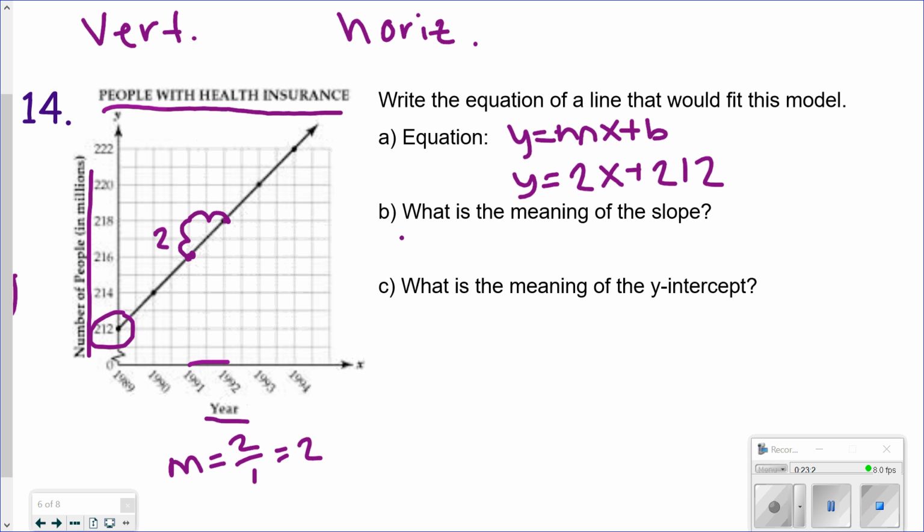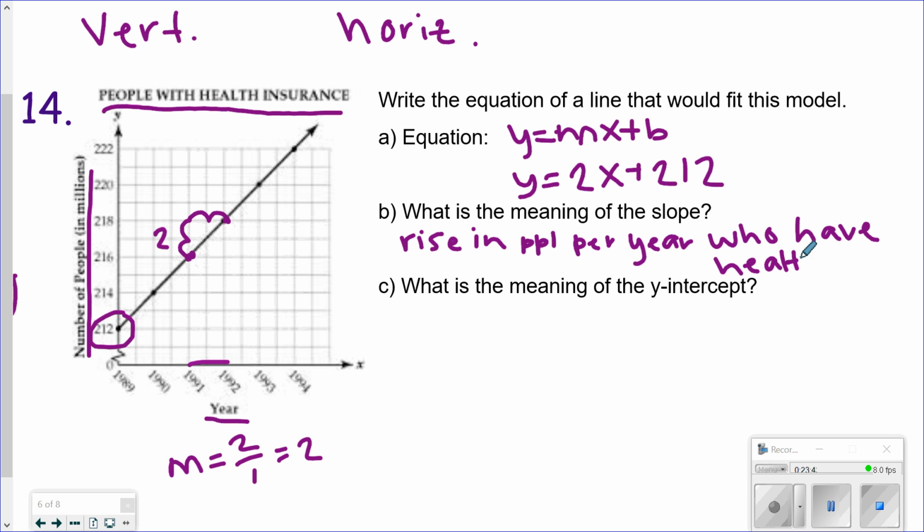So rise in people per year who have health insurance. I'm going to abbreviate that. What is the meaning of the y-intercept?